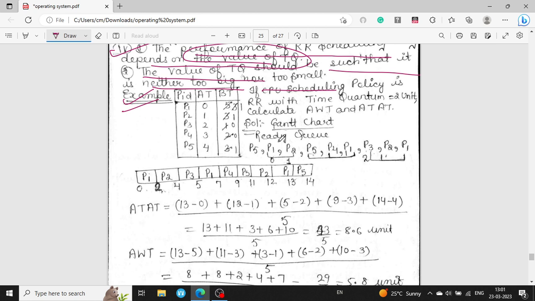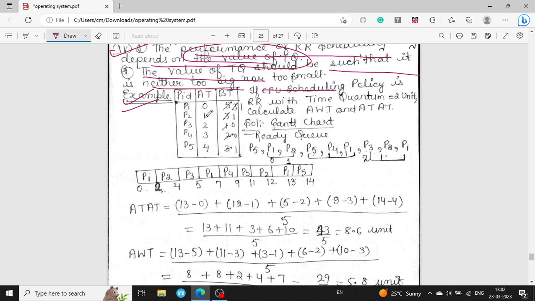First, we start from P5, the last process. After P5 we use P1 because P1 came at 0 milliseconds.